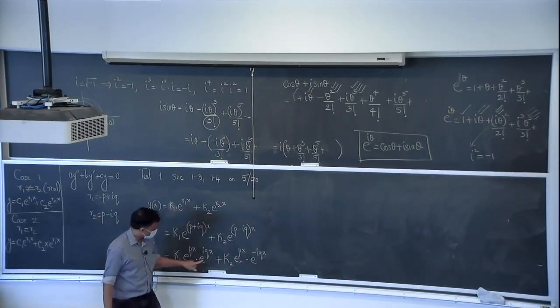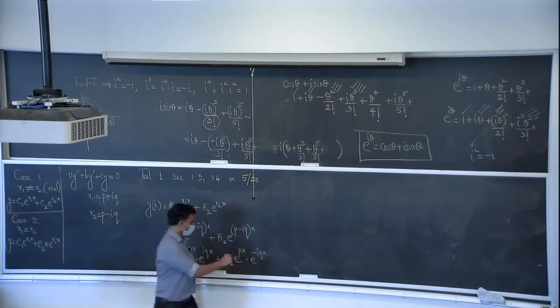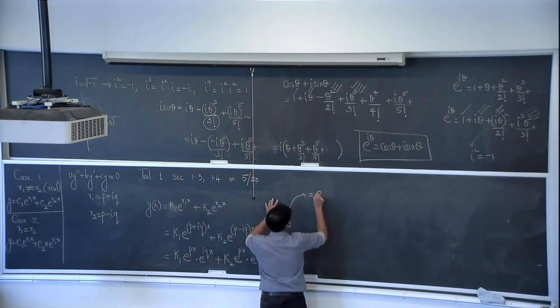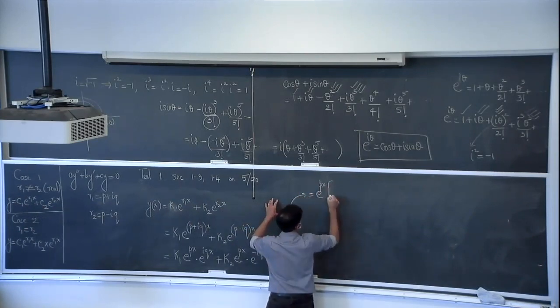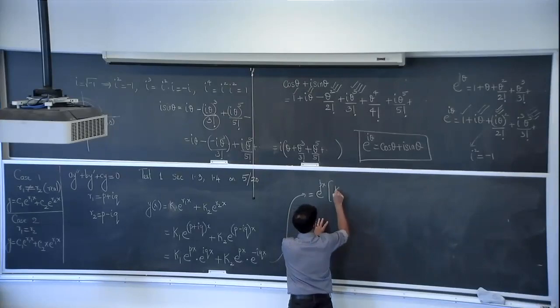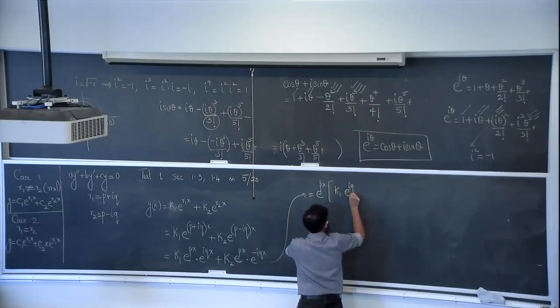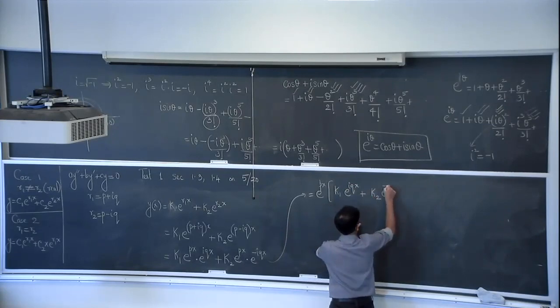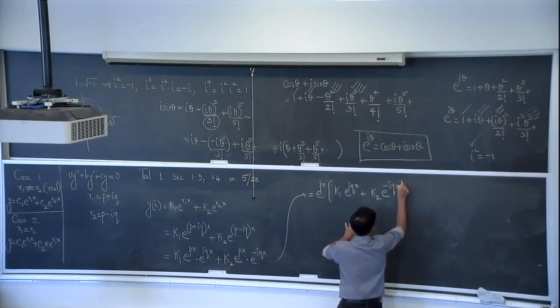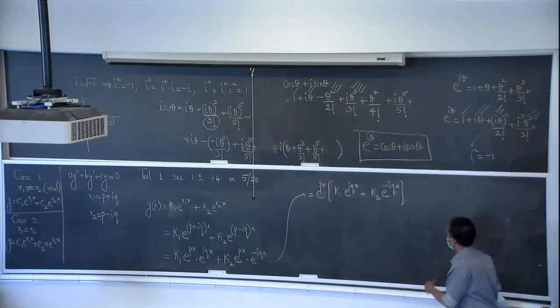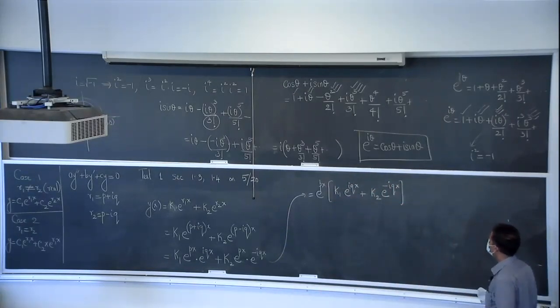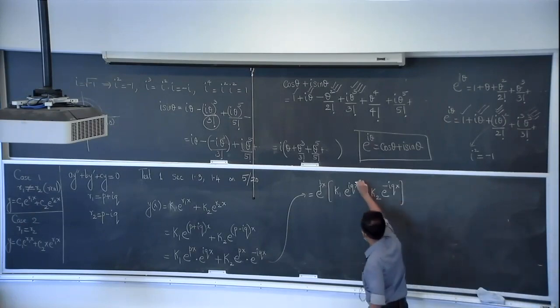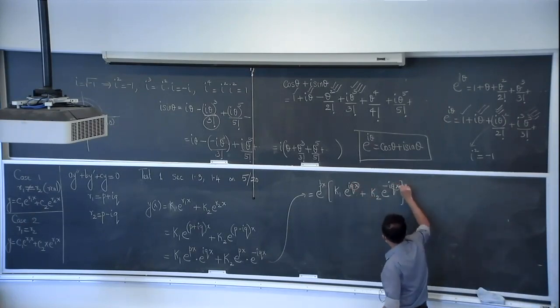The e to the power of px term is common to both these terms. So we can write this as e to the power of px times k1 e to the power of iqx plus k2 e to the power of negative iqx. That's a perfect spot for using Mr. Euler. You have e to the power of i theta, theta is qx, and you have that here and here.